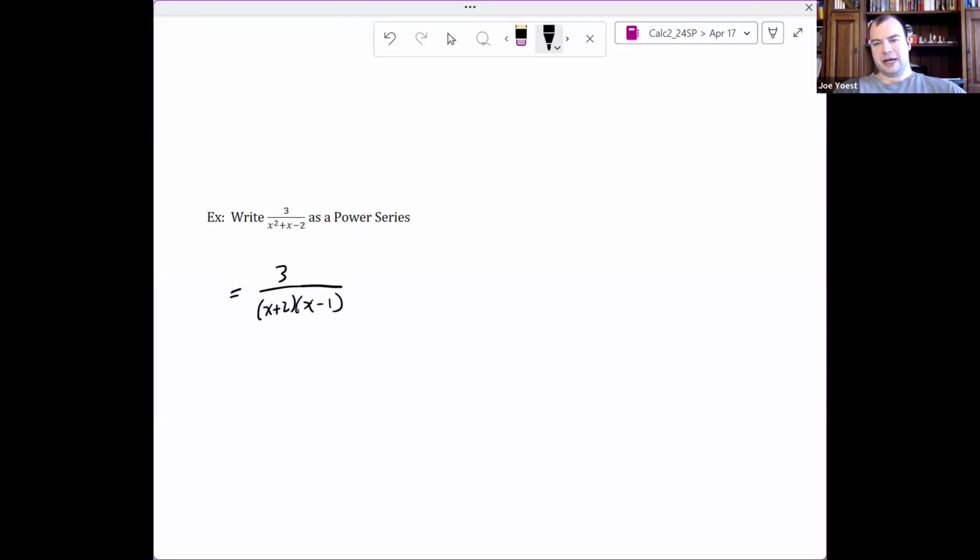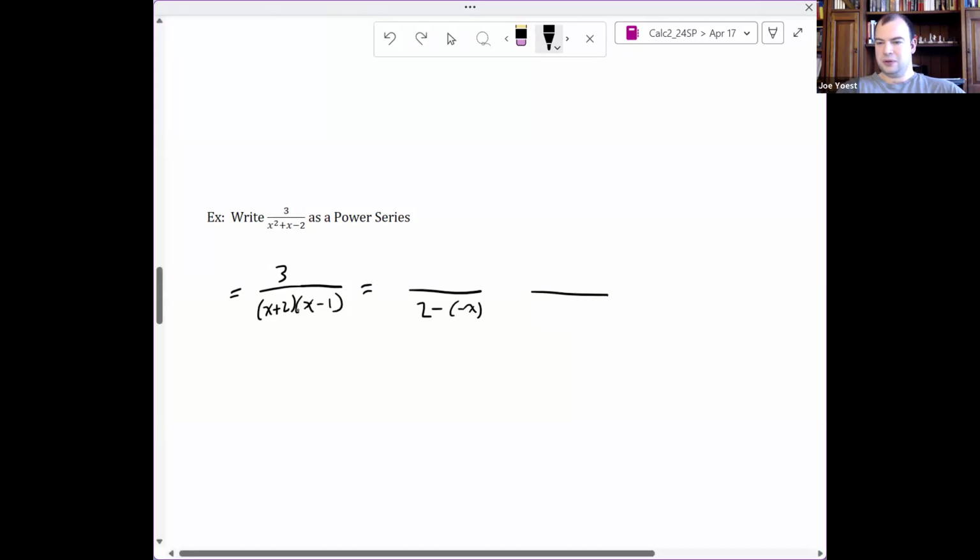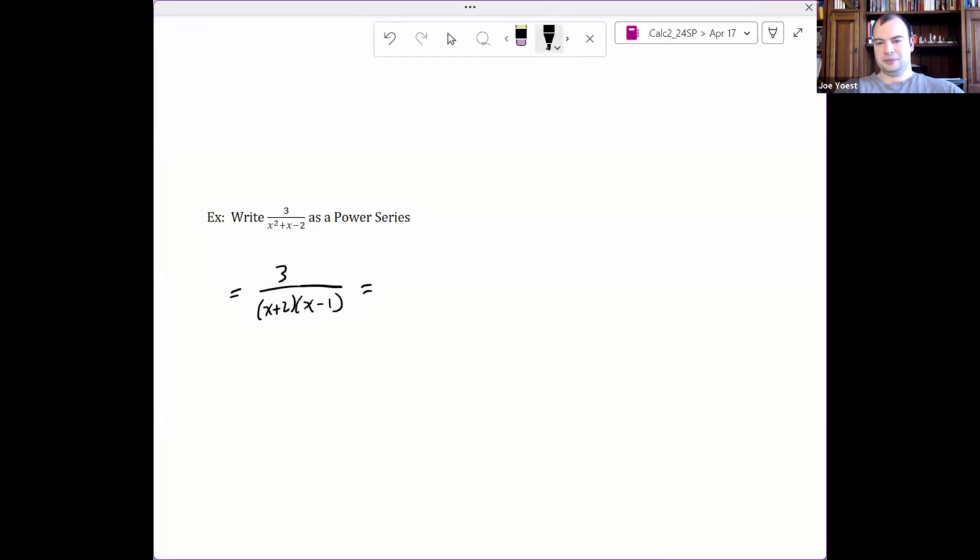And I remember with partial fractions, if I can get a fraction with x plus 2, or let's call it instead 2 plus x or 2 minus a negative x in the denominator, and another fraction with 1 minus x in the denominator, these will look like geometric series. So this is my strategy. I want to get to something like this. Can I use partial fractions to get there?